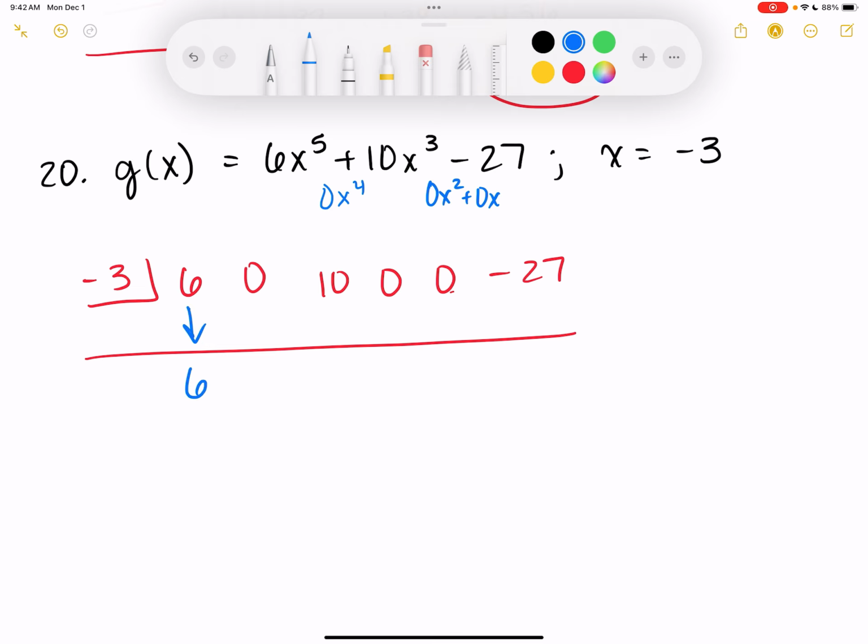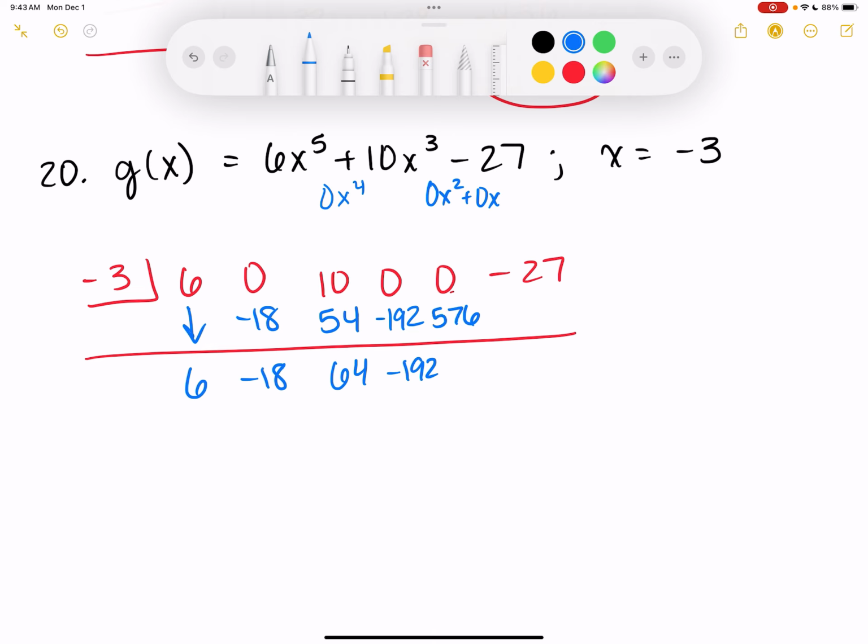All right, bring down the 6. 6 times negative 3 is negative 18, plus 0 is negative 18, times negative 3 is positive 54, plus 10 is 64, times negative 3 is negative 192. Then 192 times negative 3 is 576, I think.